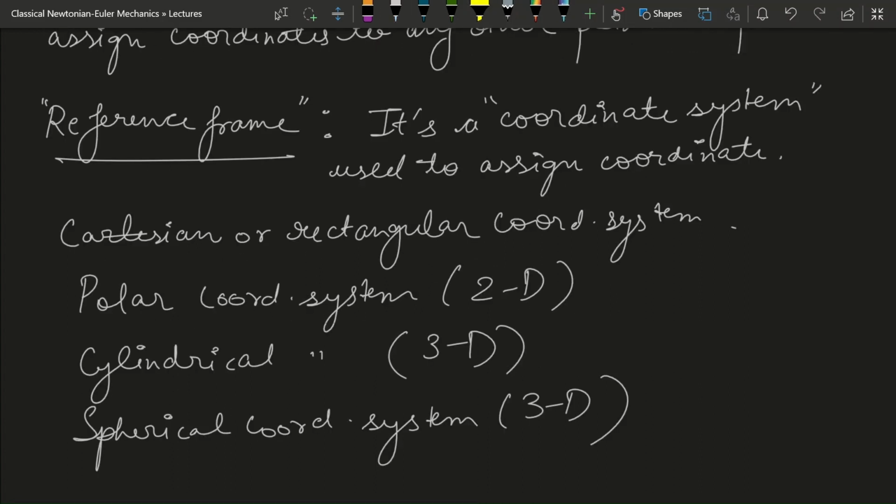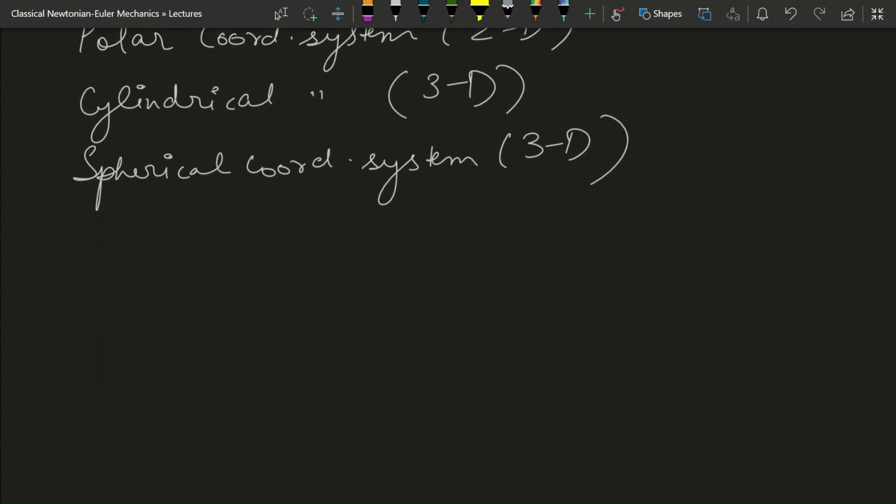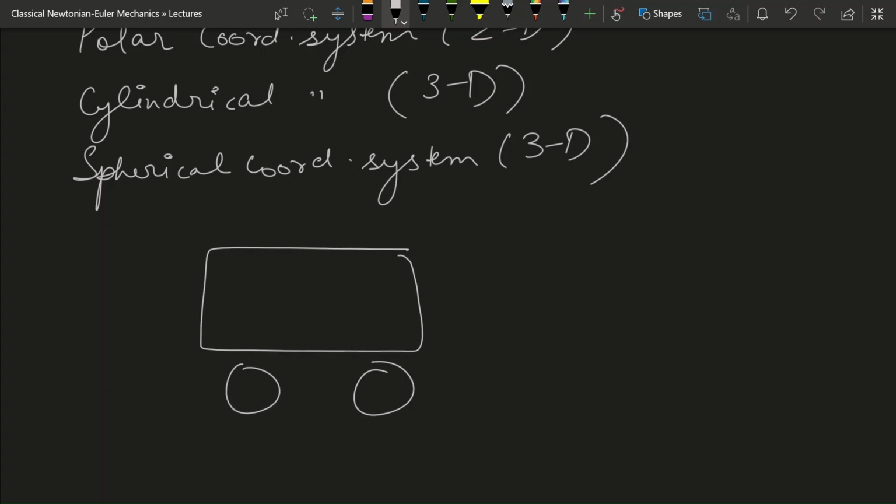So reference frame is just a coordinate system, but how we can interpret it physically is that suppose you are in a car, or any vehicle. Suppose this is a vehicle and you are here in this vehicle.